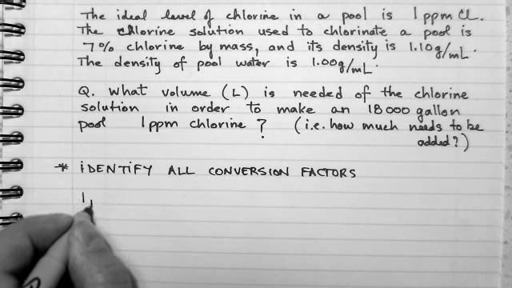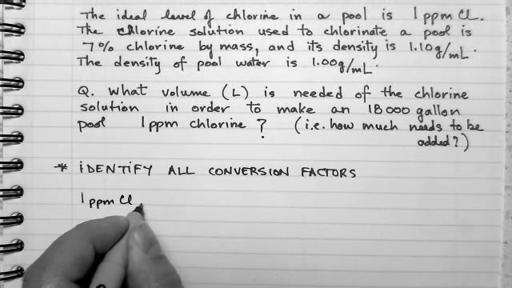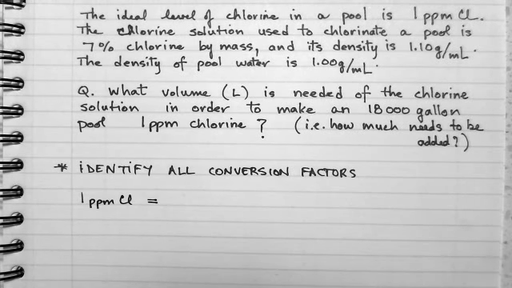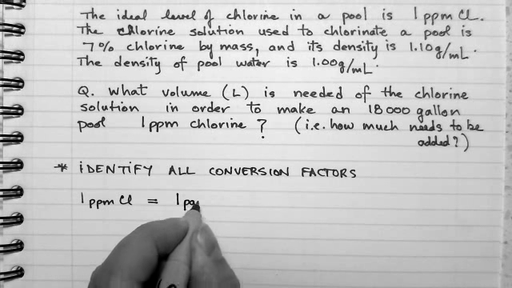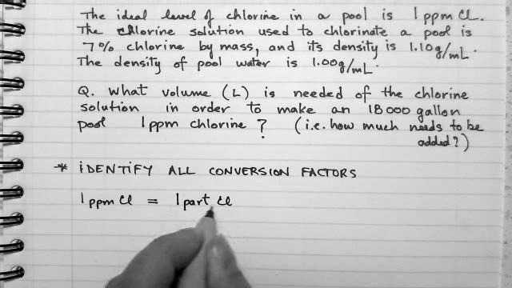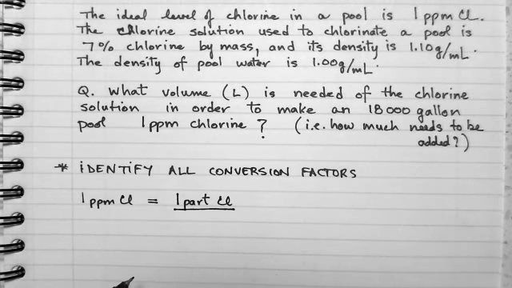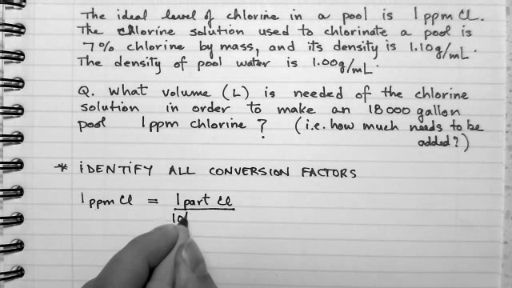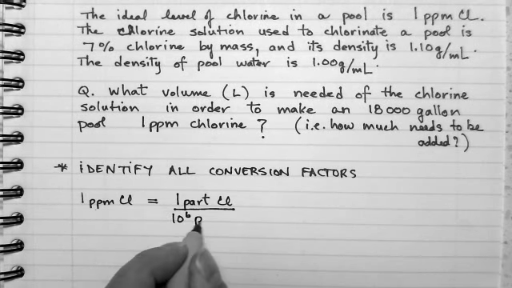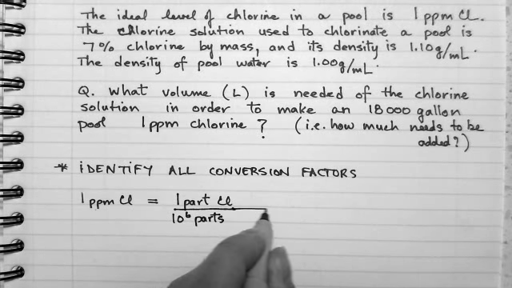Well, 1 ppm chlorine, written as a conversion factor, is 1 part chlorine, we'll abbreviate Cl, in how many parts if it's 1 part per million? Right, 10 to the 6 parts of what?